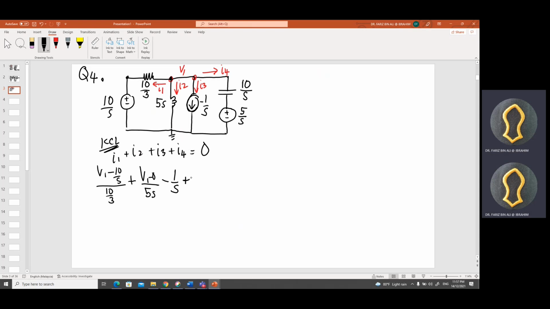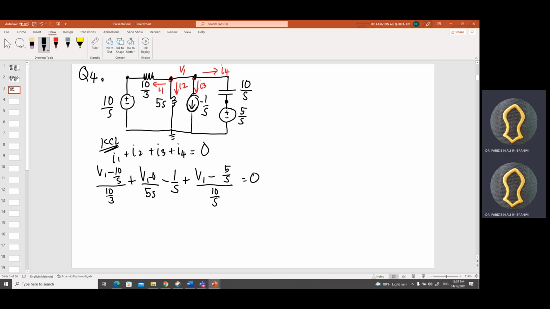Plus I4. And your I4 is V1 minus 5 over S, because it is between this node and this node of the voltage source, divided by 10 over S, equal to 0.